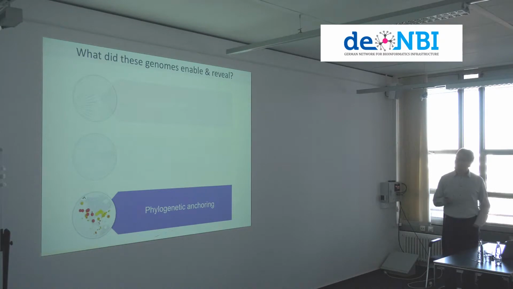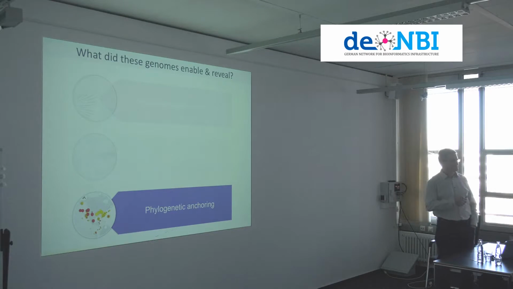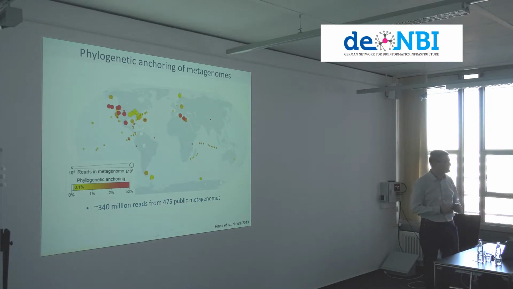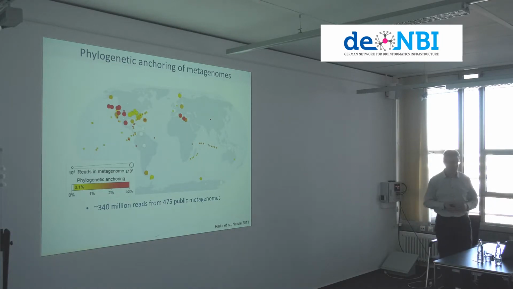And of course you can use the data now for what's here called phylogenetic anchoring, which is basically a fragment recruitment. And what you do is, let's say you sequence a metagenome, right? You just get random reads and you want to know what kind of organisms are in my metagenome.